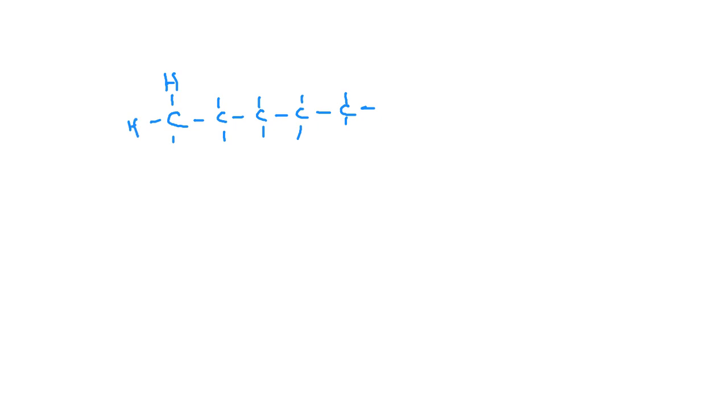So we can see right away, this is pentane, right? Suppose I put a CH3 here now. Now it doesn't matter if I go left to right or right to left. This is definitely a 3-methyl, CH3 is methyl, pentane. It doesn't matter, left to right or right to left, because it's right in the middle.